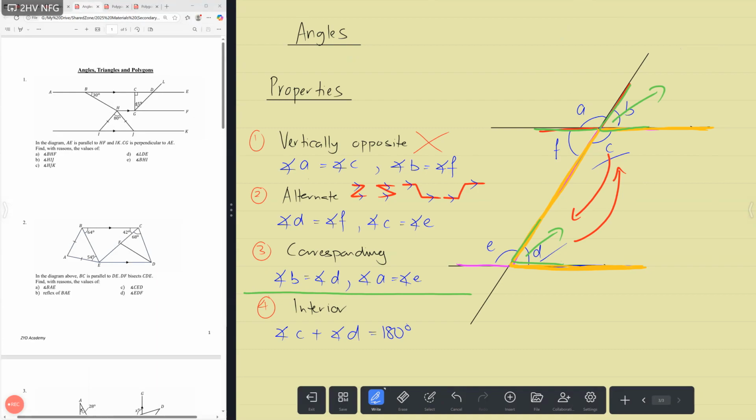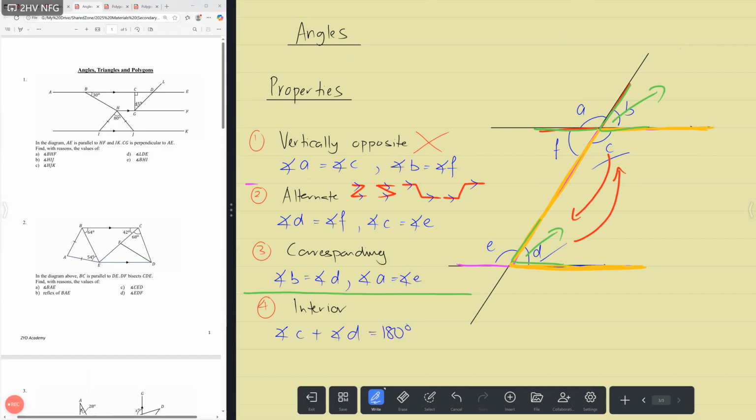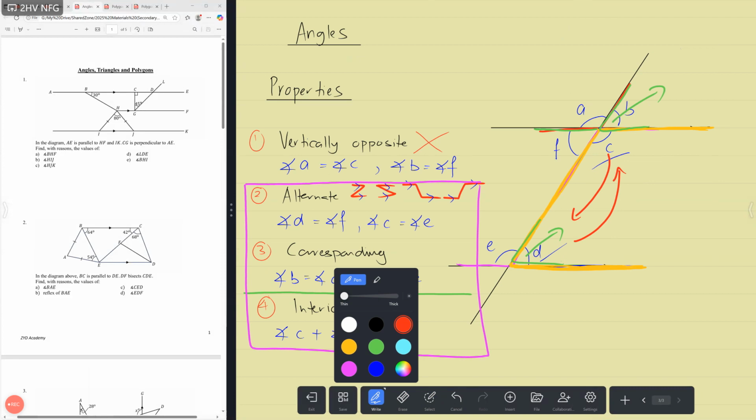This is what you need to know. Secondly, only vertically opposite angles do not require parallel lines. That means the bottom three, numbers 2, 3, and 4, require parallel lines.